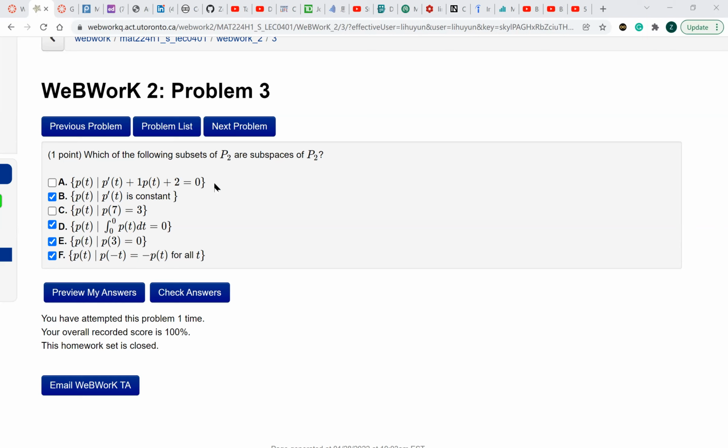So with two examples of P(t), I get P prime(t) from P(t), and then I check if P(t) plus Q(t) satisfies this equation or not.